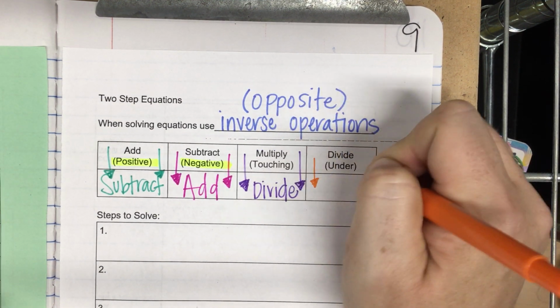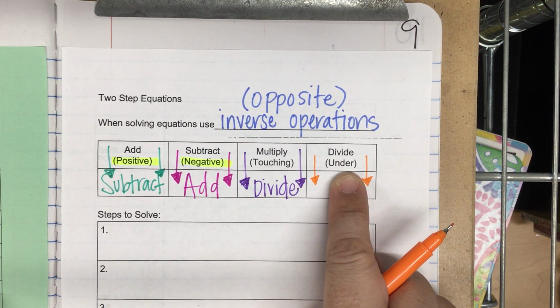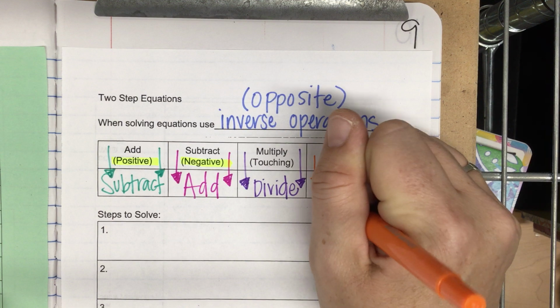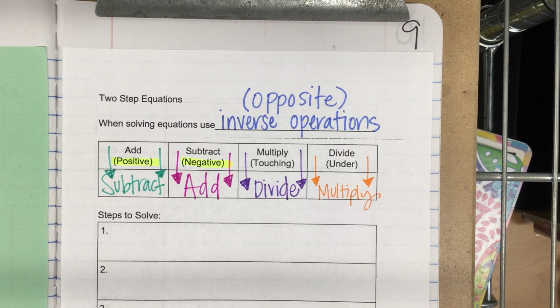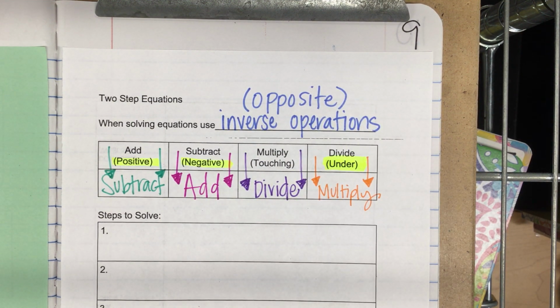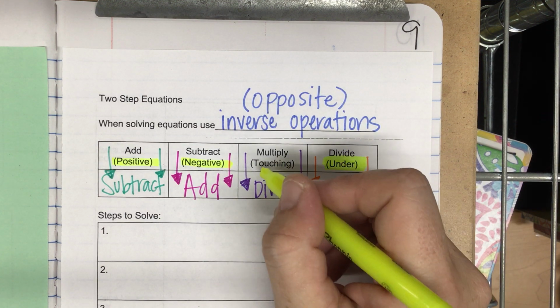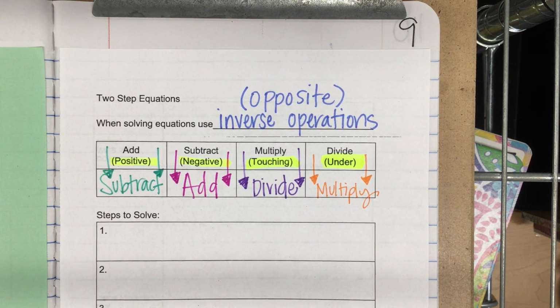Now, sometimes there's a division symbol, but lots of times it's going to be a fraction. It's going to be underneath a variable. If it's below, it's under, it means it's dividing.